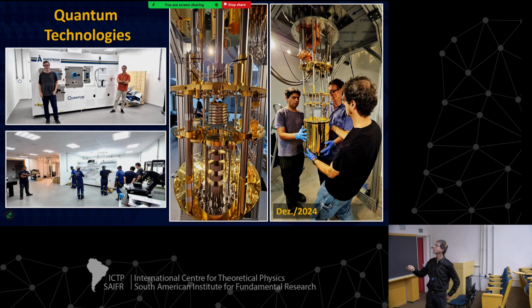And we also just acquired a dilution refrigerator to drop the temperature to milli-K. So here we can go below 7 millikelvin. This is necessary because of the noise involved. The signals are very tiny, so we need the system to be very cold in order to be able to measure it.